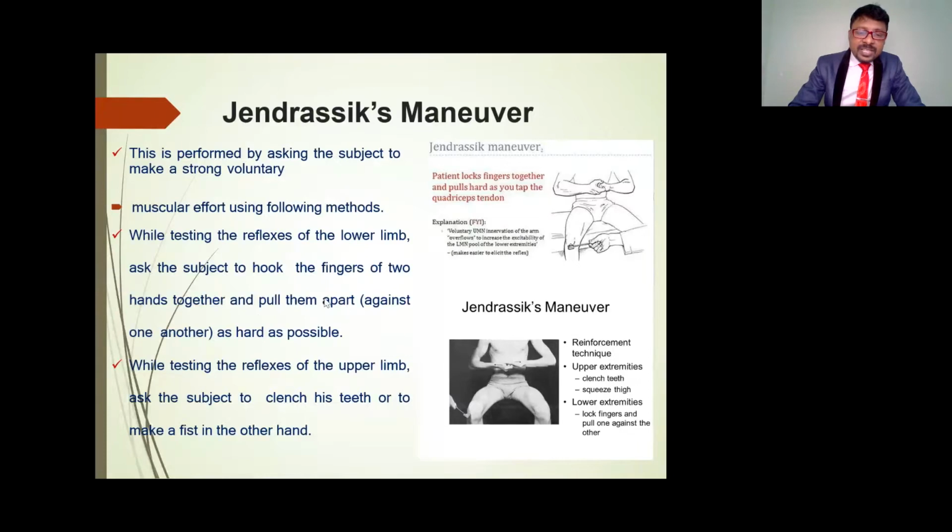While testing the reflex of the upper limb, ask the person to clench the teeth and make a fist in the hands. So they clench the fist and clench the teeth. If they do this, the upper limb reflexes, biceps, triceps and supinator, are going to become prominent. This is the special maneuver.